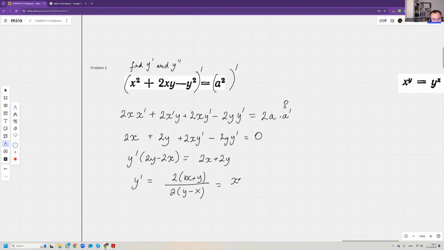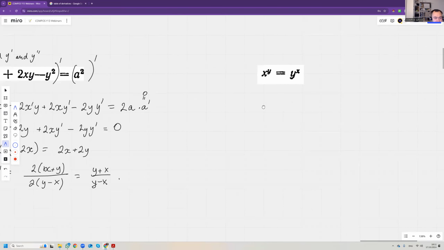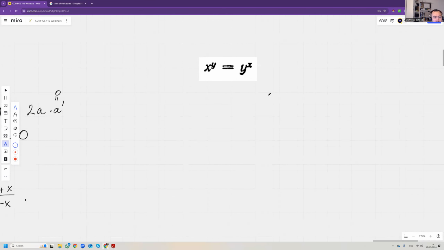So I'm just going to change the order, y plus x divided by y minus x. Okay, that's it. So that's a very straightforward way. This one, x to the power y equals y to the power x.